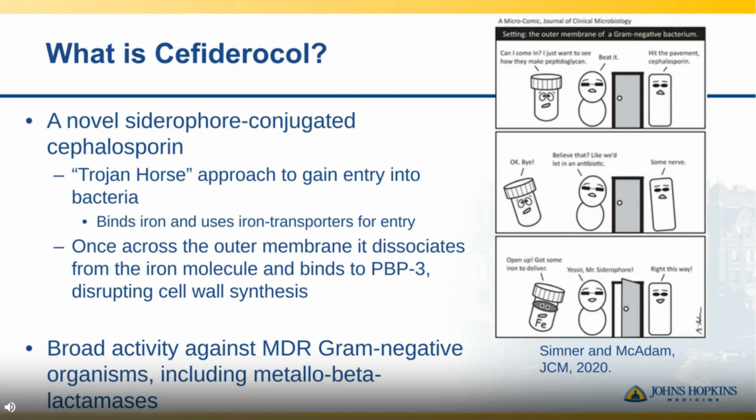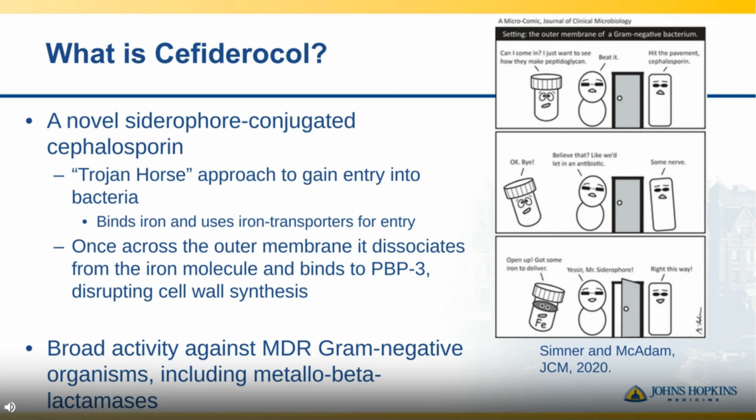So what is cefiderocol? You might be asking. So cefiderocol is a novel siderophore-conjugated cephalosporin that uses this Trojan horse approach to gain entry into the bacteria. So the siderophore component will bind free iron, and once that iron is bound to the agent, it can then use iron transporters for entry into the cell.